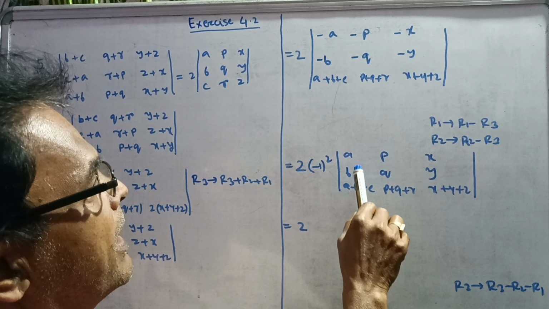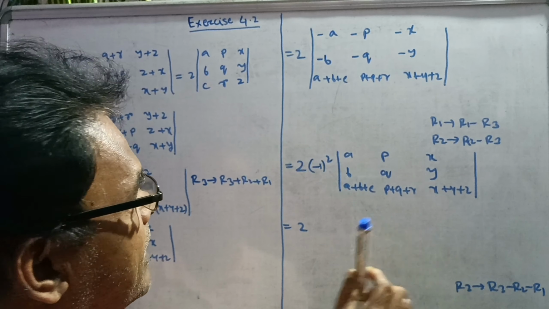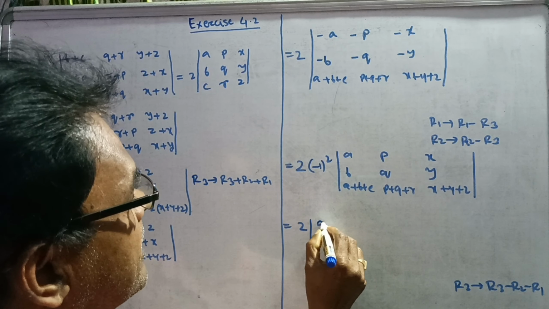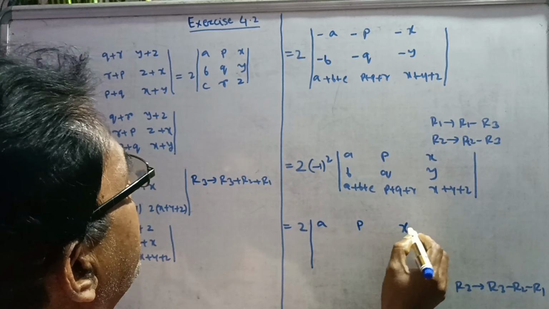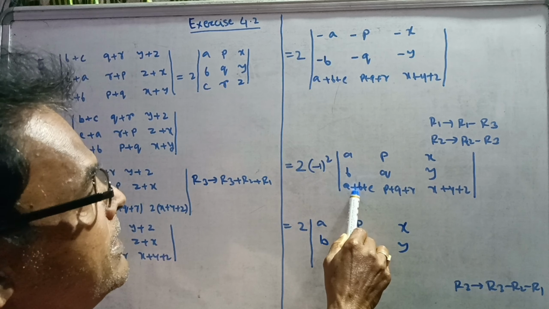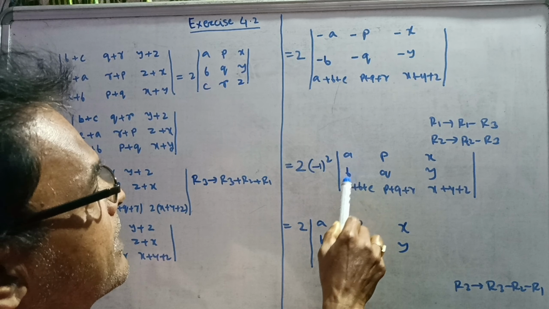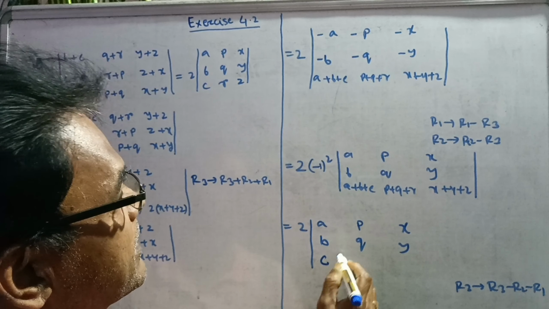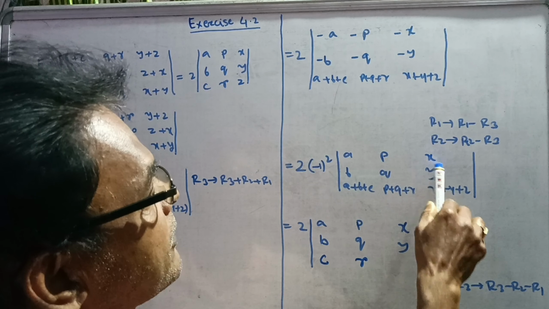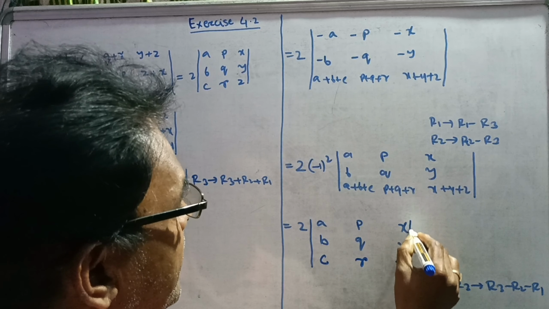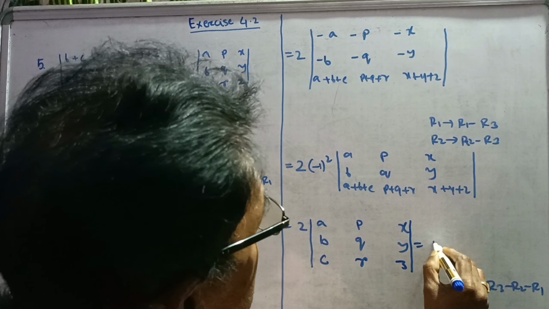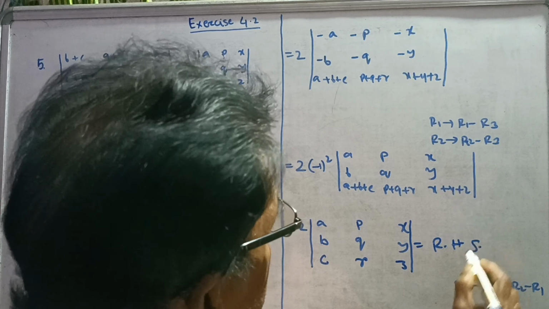This means this minus this in R3. So first row and second row are the same: A, P, X, B, Q, Y, and in the third row, A, B cancel so it becomes C, here P, Q cancel it becomes R, here X, Y cancel so it becomes Z. This is equal to the same, therefore we can say right hand side.